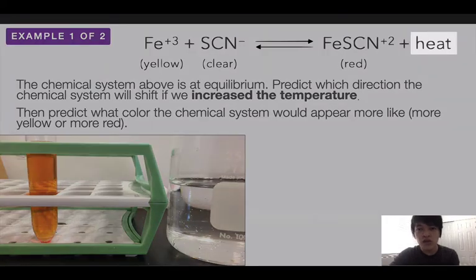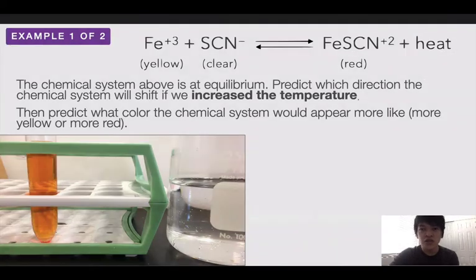If we increase the temperature here, then there'd technically be more product. Since heat is on the product side of the chemical equation, increasing the temperature will cause there to be too much product. The system will shift in the reverse direction to try to get rid of the heat.